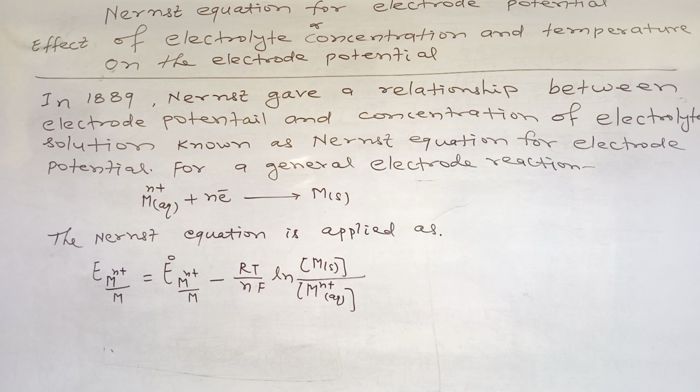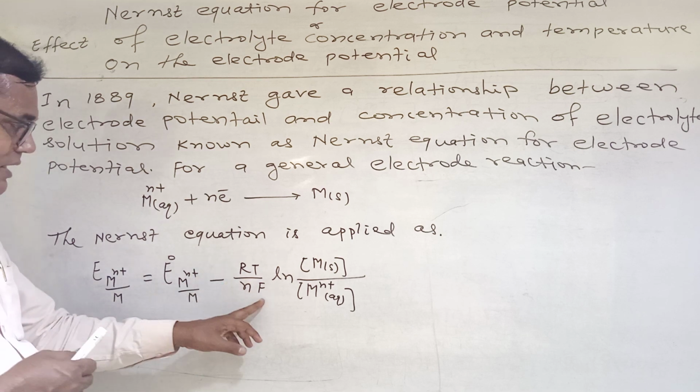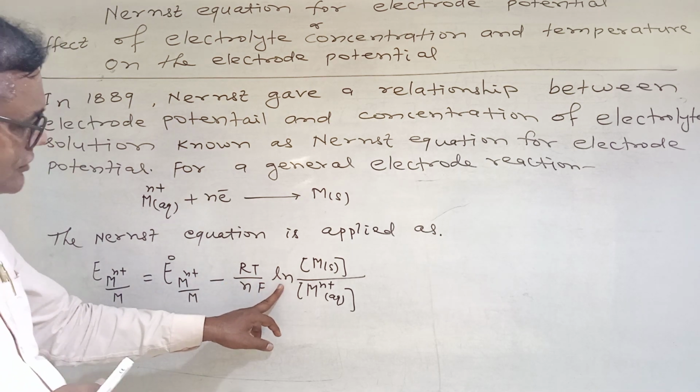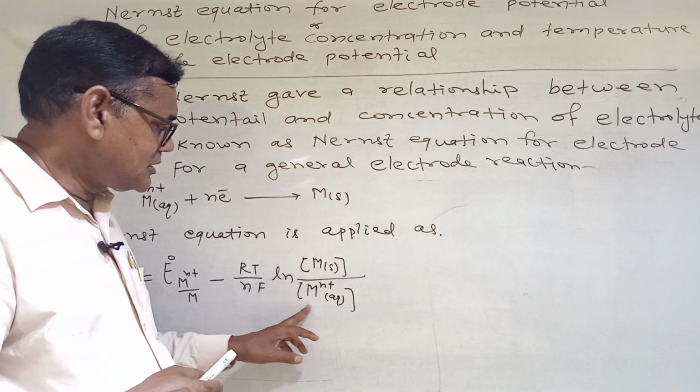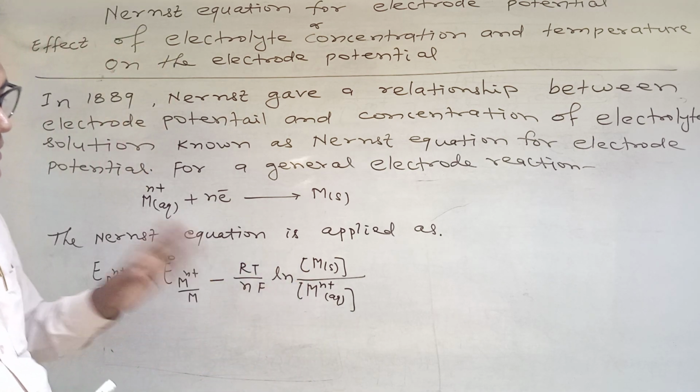We repeat again. It is called the electrode potential. It is called the standard electrode potential. RT upon nF, natural log, the concentration of electrode, and the concentration of ion in the solution.